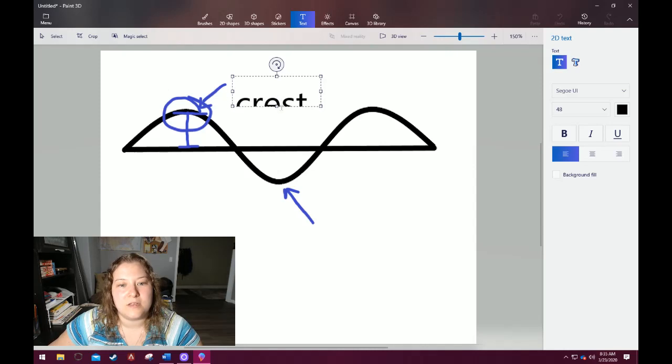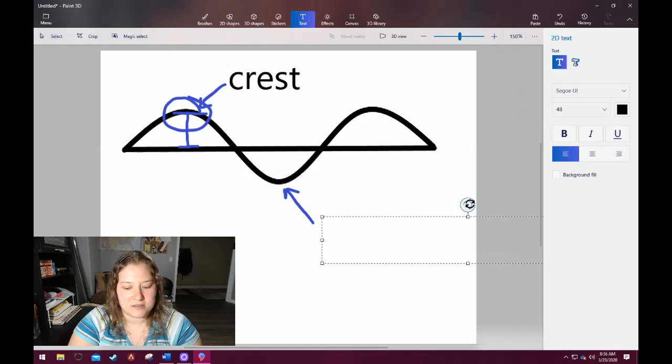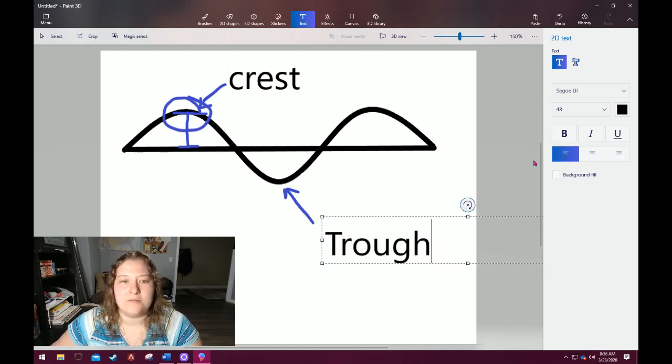Okay. So this is called the crest, the very top of it, and this is called the trough. Should probably double check that spelling, shouldn't I? Because if you guys know me, and you guys do, I am a terrible speller.